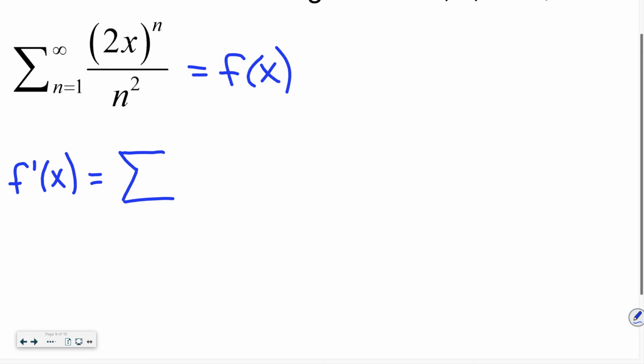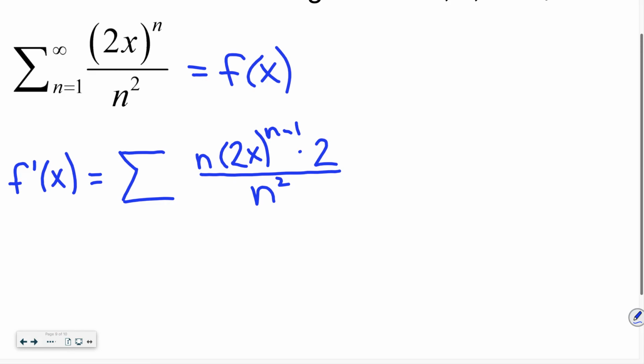Quotient rule. Well, with respect to x. So it's just 2x to the n, so power rule times chain rule. Why don't you have to do the bottom then if you're doing the n on the top?